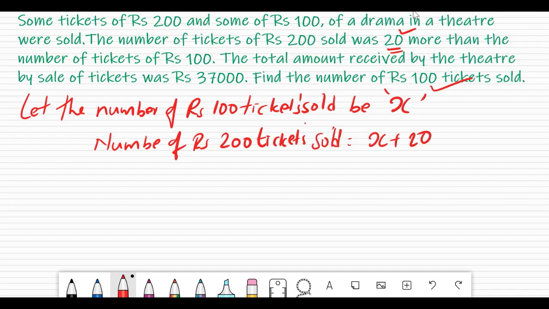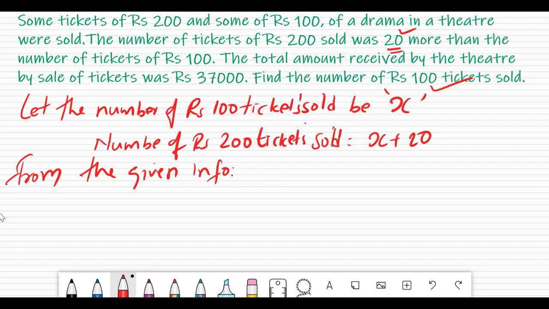Now what more information is given? From the given information, just like before, we can write: the total received is given as 37,000. That means if we consider x as the number of 100 rupees tickets sold, naturally the amount received will be 100 into x.